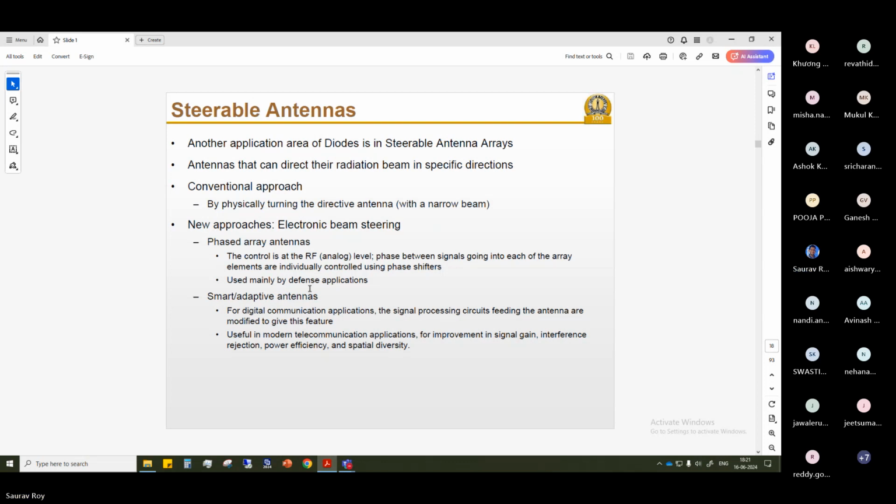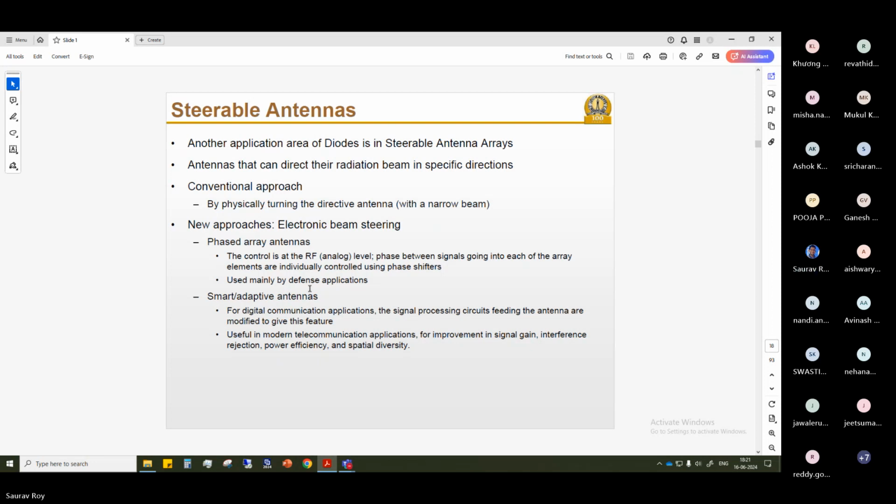Okay. So how you feed these antenna ports, that will decide which direction the beam is going. Okay. So that is also called steerable antennas. So there, to provide these phase differences or defined feed phase states for the defined feeds, you will need a switch.